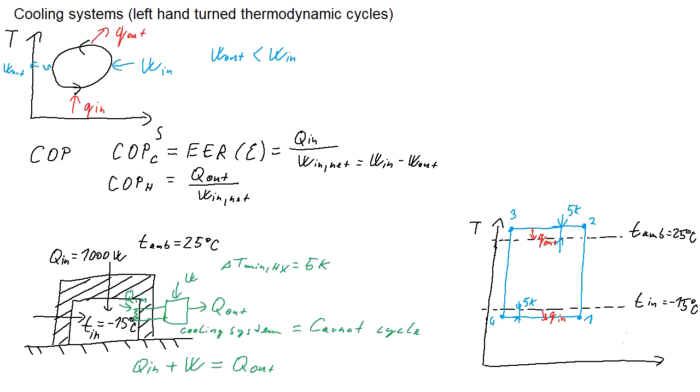So for the cycle itself, the heat input would be this area, while the area here under the curve will be the work input.